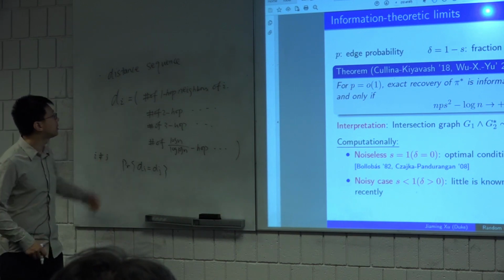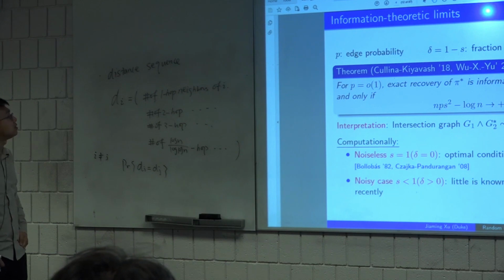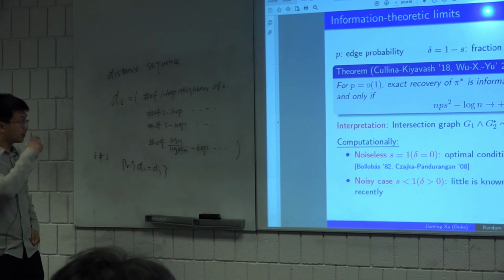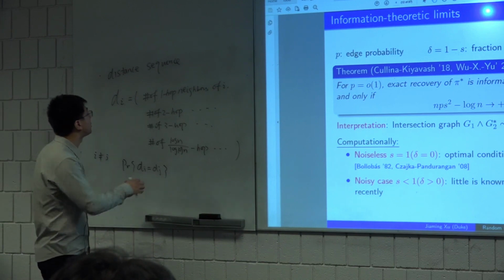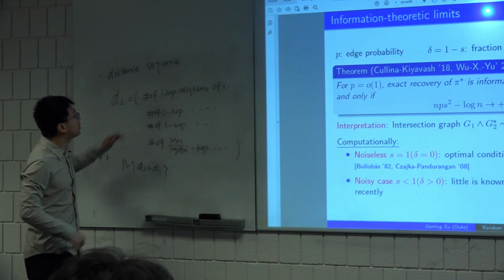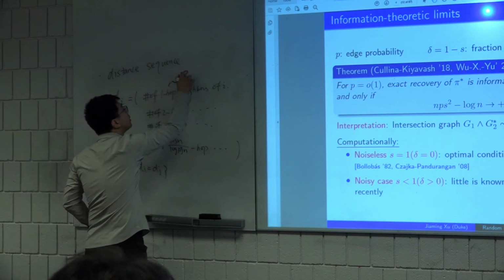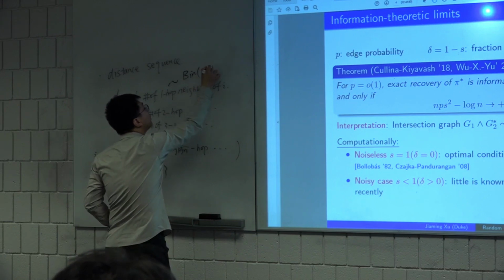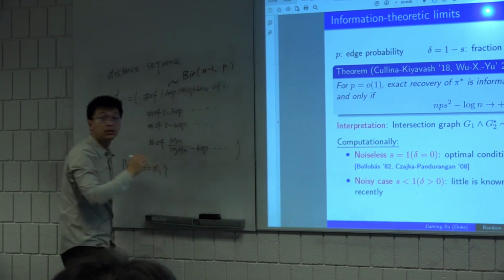If you have this particular distance sequence, what's the probability that each of these coordinates overlaps? Roughly the intuition is that if you look at the first coordinate, that's easy. The distribution here is a binomial, n minus 1 and p. Does it make sense?